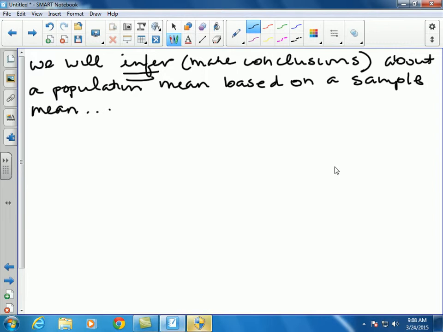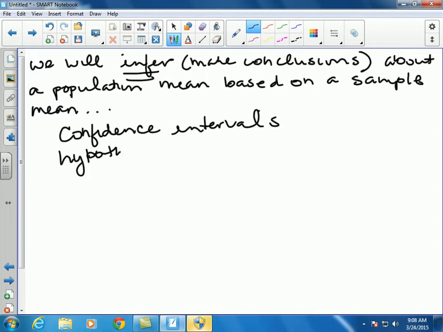And we will do that in confidence intervals and hypothesis testing. So this is the last kind of big statistical idea we need to do before moving on to the two variable. In some classes you've already done the two variable, but these are the two topics that we really need the theory of the central limit theorem to move forward.